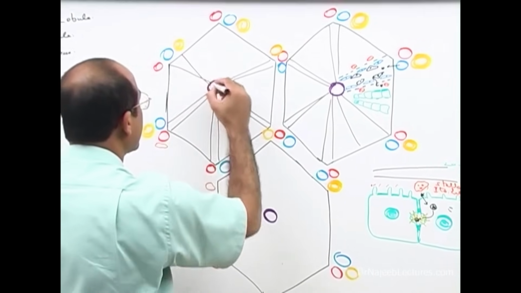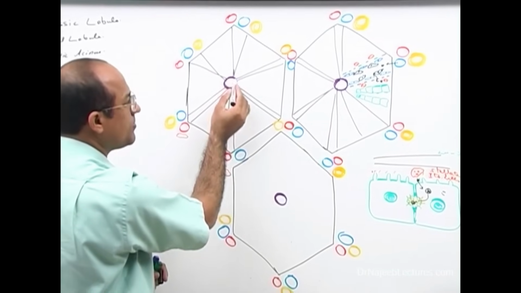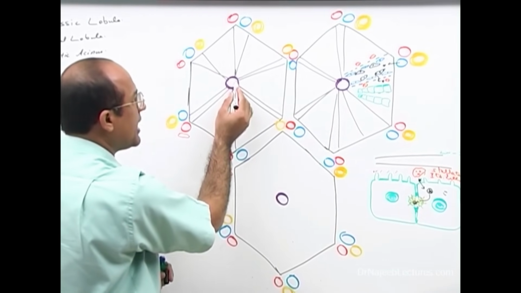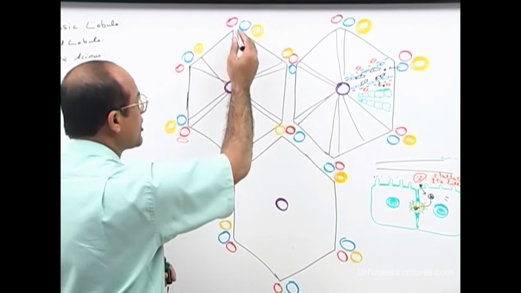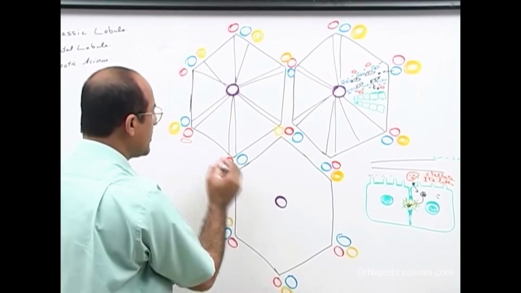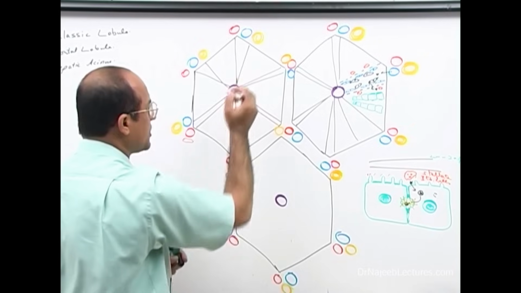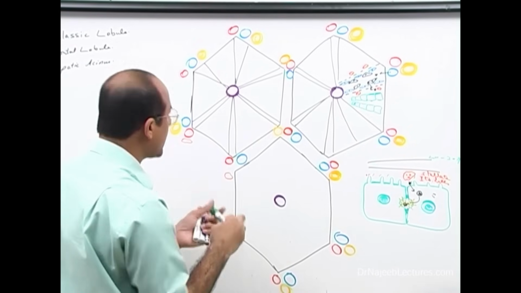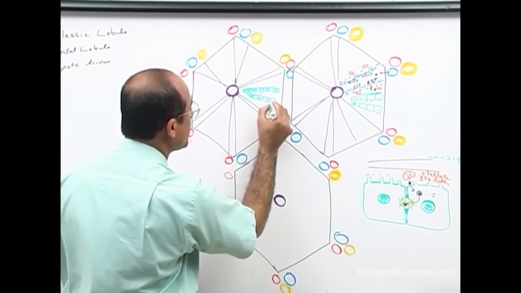Classic lobule. And in the classic lobule, explanation goes like this. In the center there is the central vein, and there is a polyhexagonal lobule, and at the corners there are portal triads, right? And blood is coming from the periphery to the center, and the hepatocytes are in between.